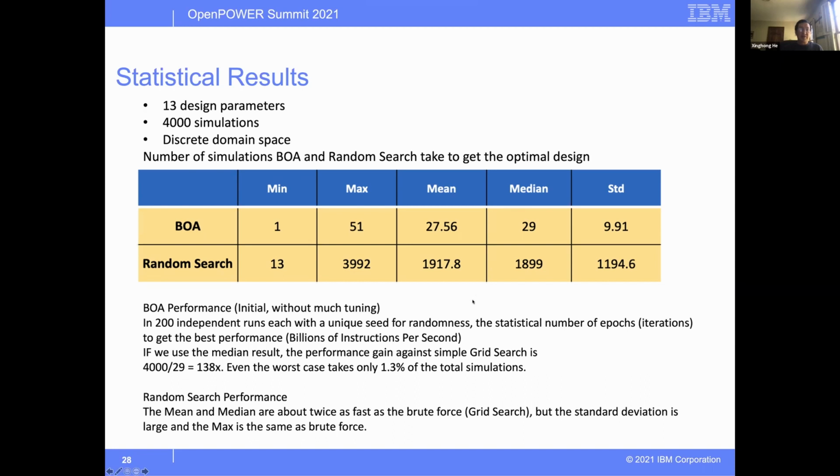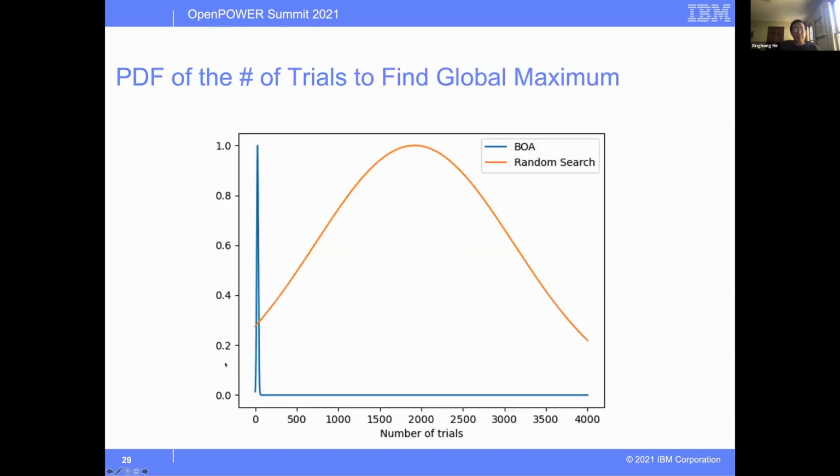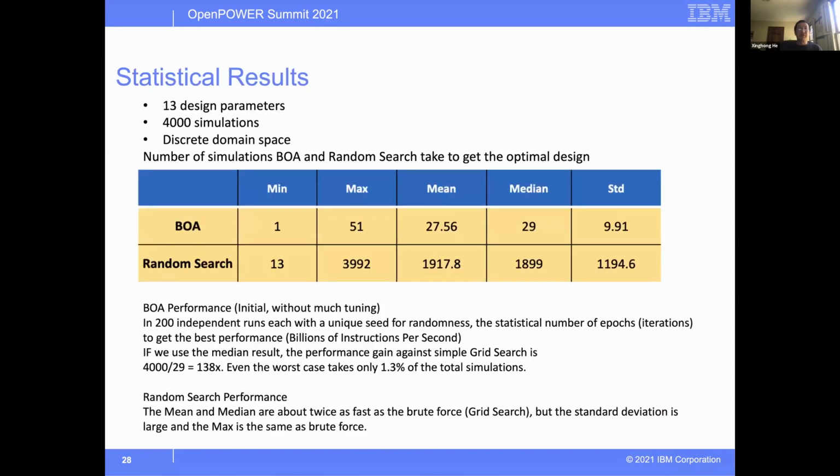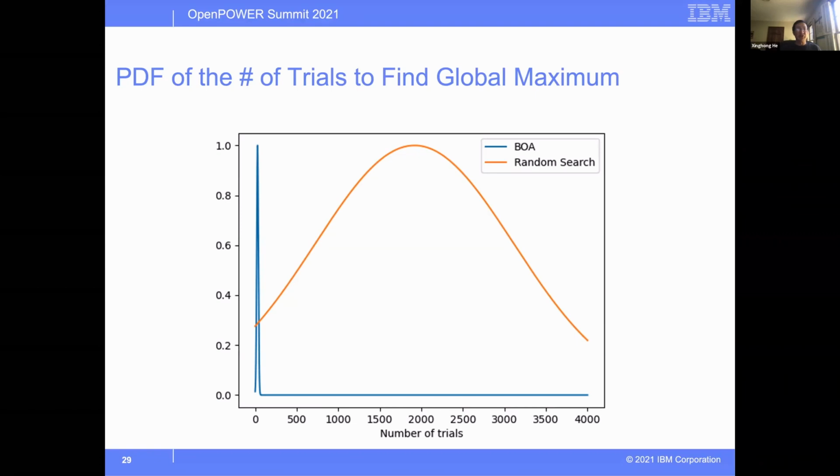So the improvement can be around 100 times. Like this one, the number of iterations it takes compared with grid search is 138 times fewer. So that's a huge saving in computing resources. And this one just shows the numbers up here. We just use the Gaussian distribution of those numbers, so we plot them here.